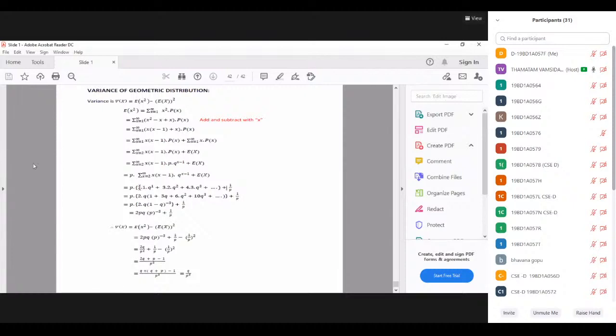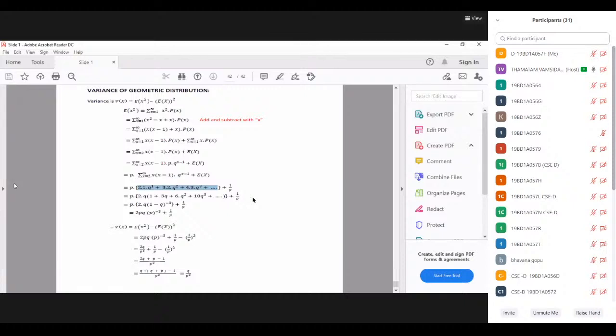All of you see this expansion. In all these terms, the common thing is 2 into q. Taking 2q outside, this can be written as p into 2 into q into 1 plus 3q plus 6q square plus 10q cube plus so on, plus 1 by p.